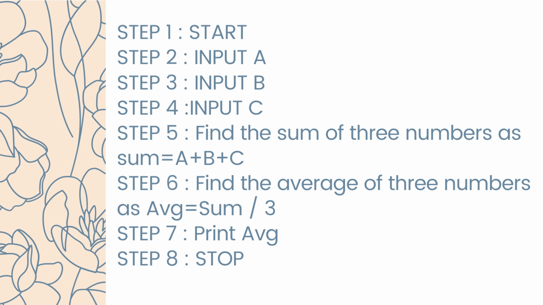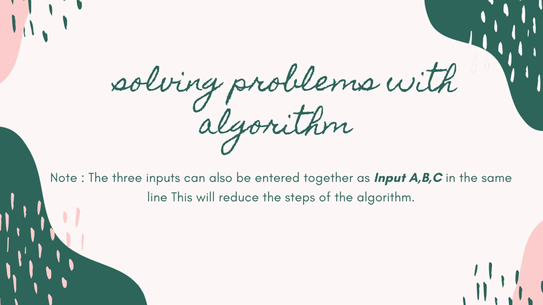I hope you understand how to write an algorithm by following the rules and steps. Don't forget to remember the rules and steps while writing an algorithm. Here they have given a note for writing an algorithm. Yes, you can write the three inputs together as input A, B, C in the same line.